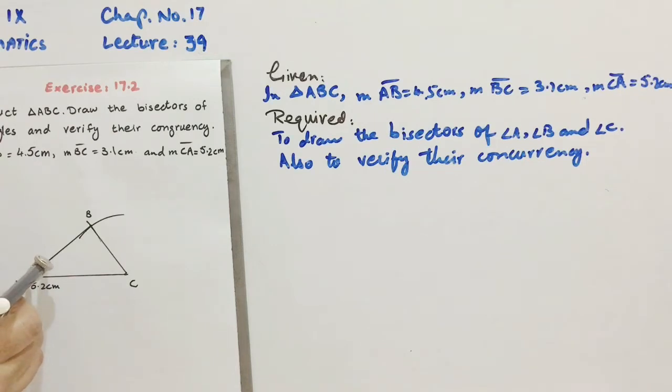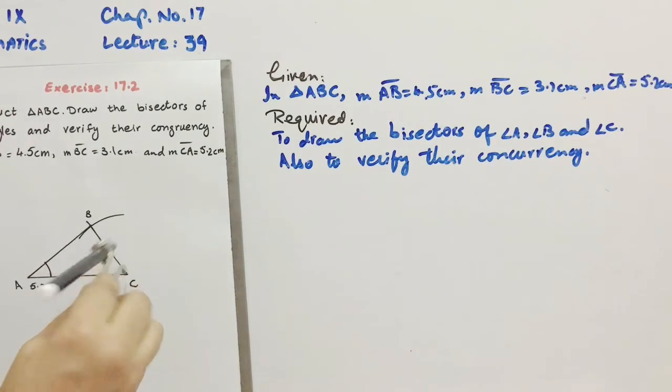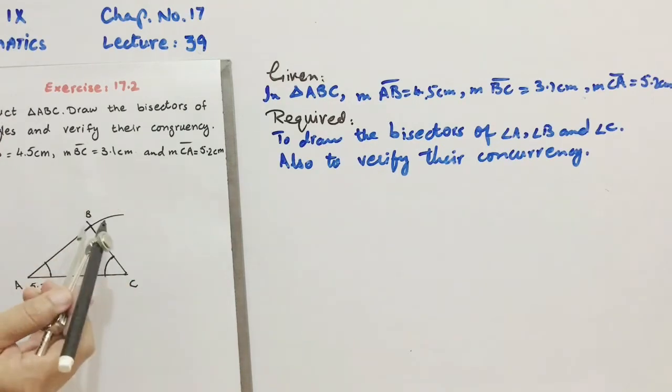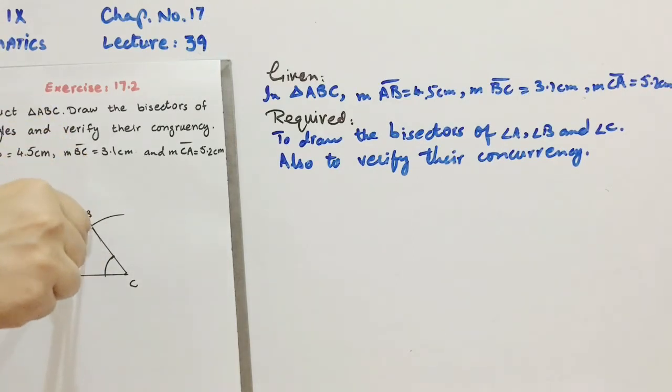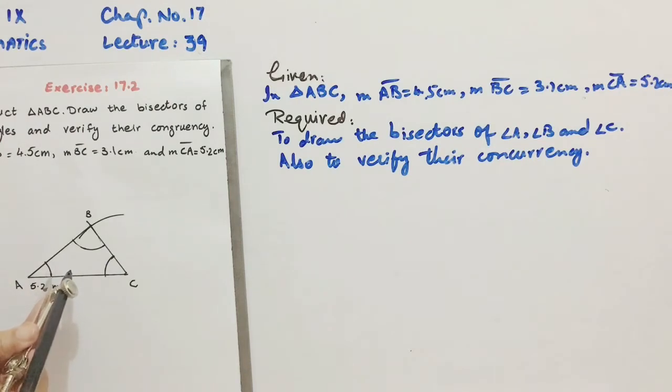Mark arc of any radius with center A, B and C. Now focus the points to draw the bisector of angle A. Here we have the bisector of angle A.